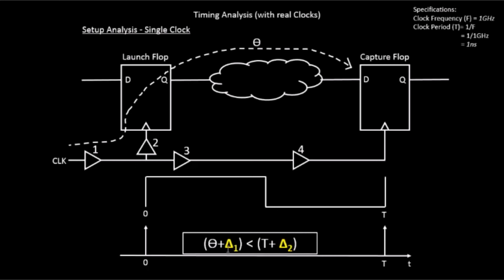So delta 1 is 1 plus 2, and delta 2 is 1 plus 3 plus 4. From this equation, we can conclude that this Q in this case is mod of delta 1 minus delta 2.